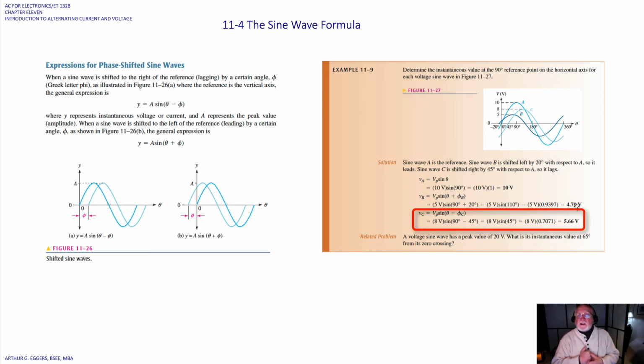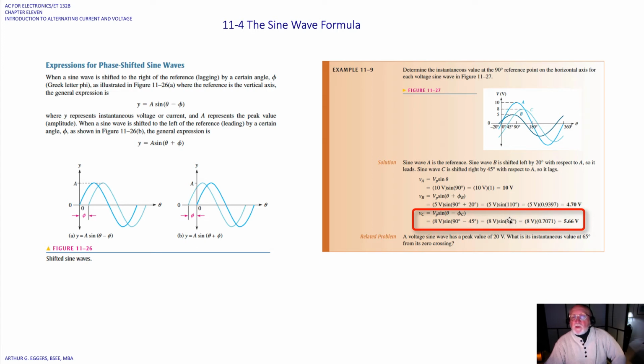Now the difference between angle theta and phi for C is 90 minus 45 degrees, because 45 degrees, you can see here, is the phase difference for C behind A. So we have a difference of 90 minus 45. 8 volts is the maximum for C. The sine of 45 degrees, again, that's another one of those magic values.